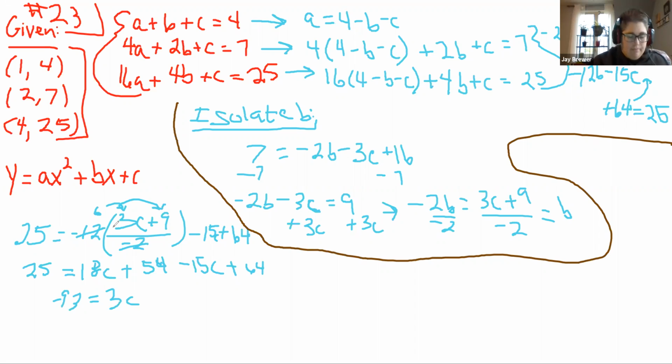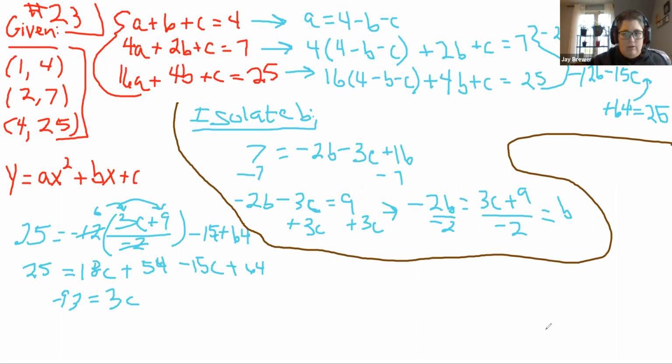So, oh, this is where my problem was. So when we solved for B up here, guys, do you see how we essentially moved the B to the left?